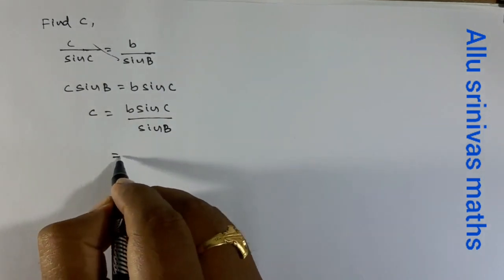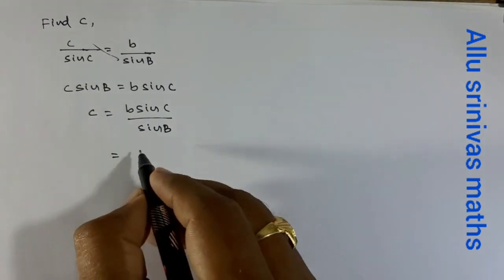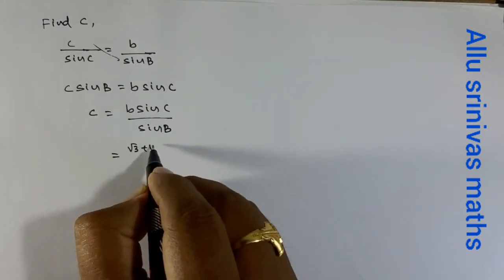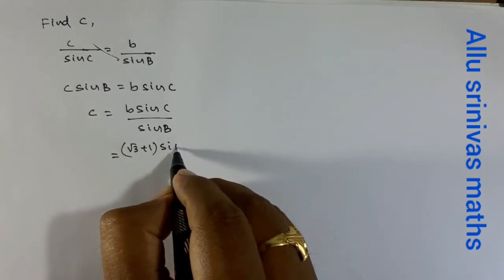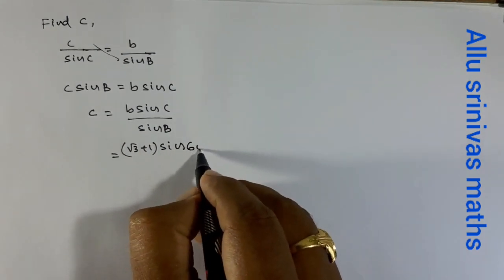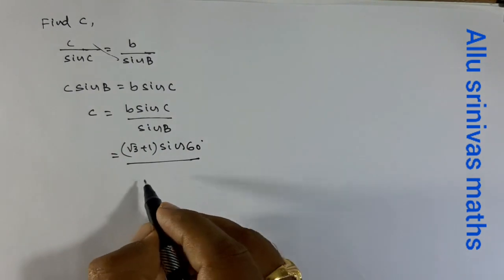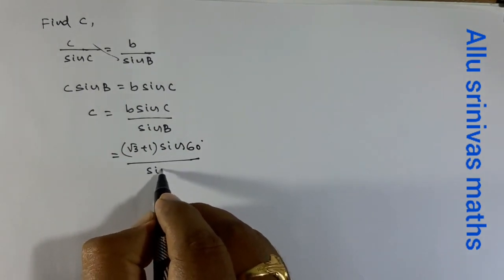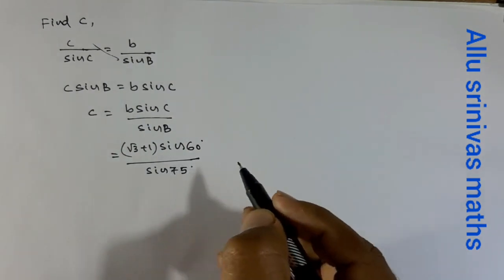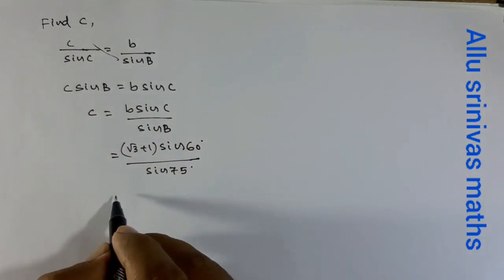Known value substitution in this formula where B is root 3 plus 1 and where angle C is sine 60 degrees and sine B is where B is 75 degrees.